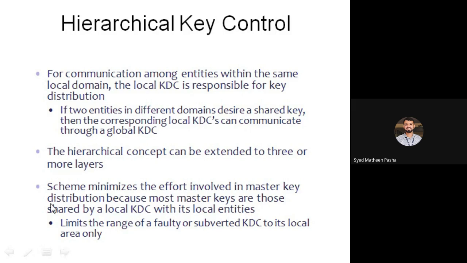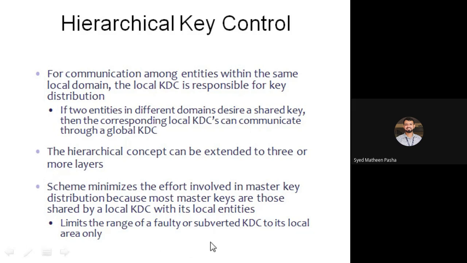As I told you, with respect to key distribution, we will be working with local entities. So the usage of hierarchical key control is that it minimizes the task, so that the master key is not distributed separately for both sender and receiver. Hierarchical key control generates its own keys which can be sent as a master key. That is one of the advantages of using hierarchical key control. It limits the range of a faulty or subverted KDC to its local area only.